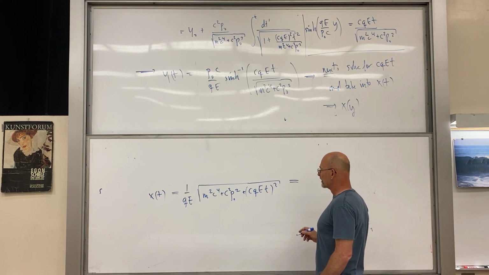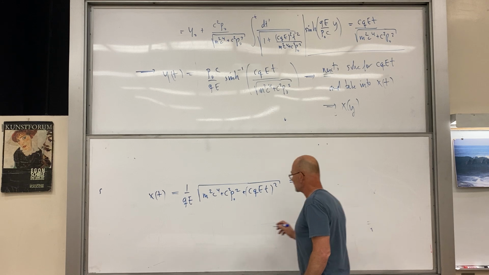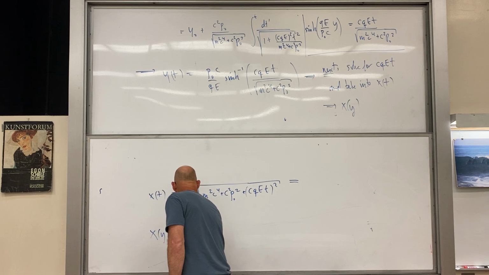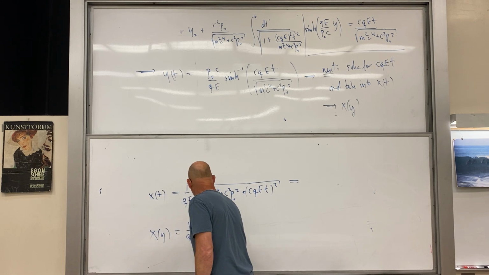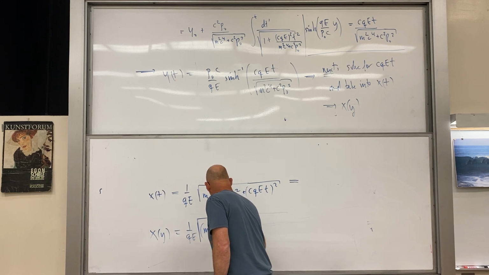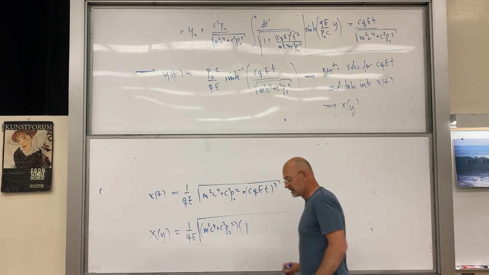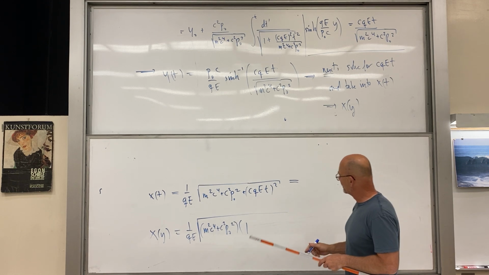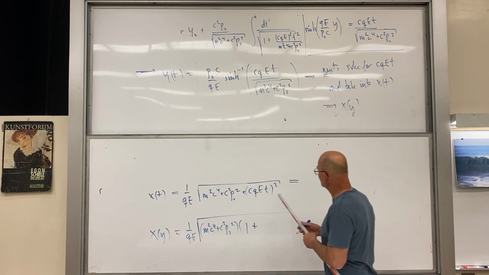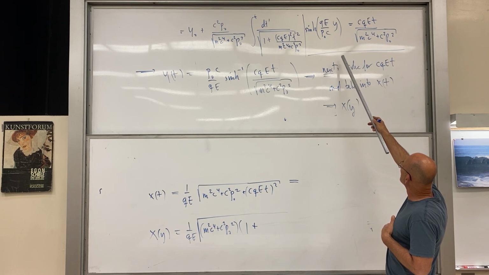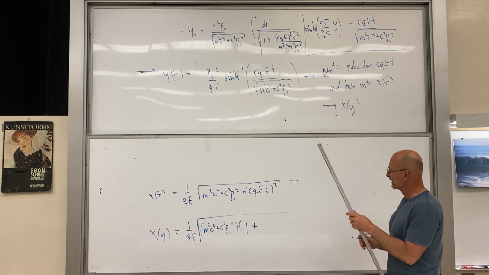So this equals, we'll do right under here, x of y is equal to 1 over qE, square root of m squared c to the fourth plus c squared p0 squared. We can factor that out. 1 plus hyperbolic sine squared of qEy over p0c.